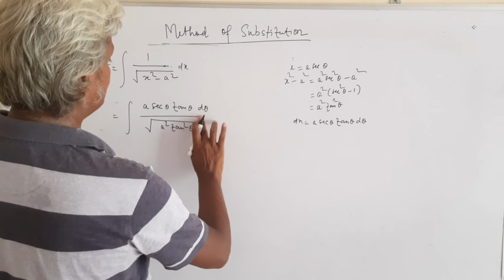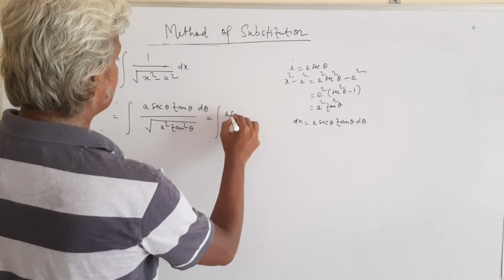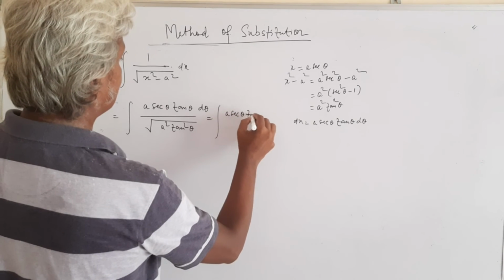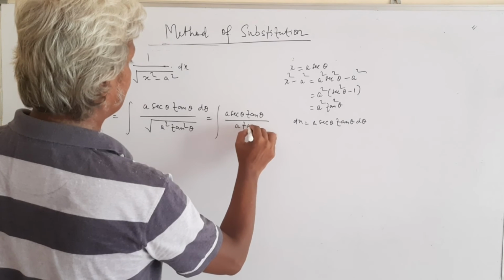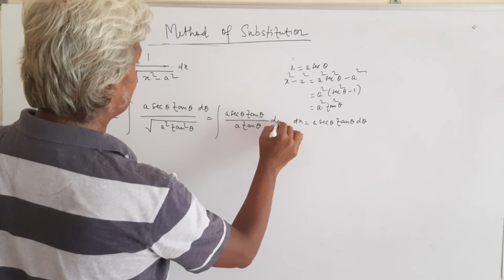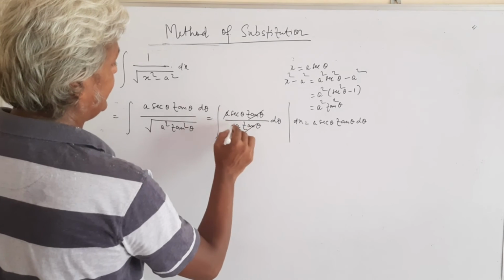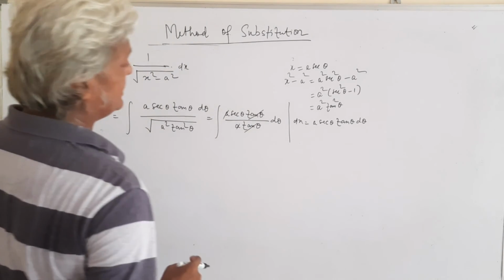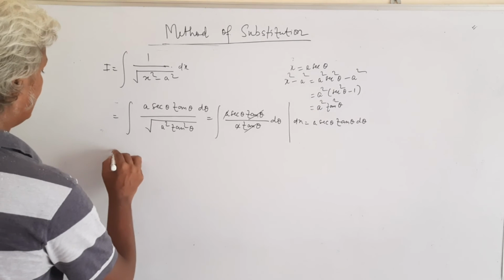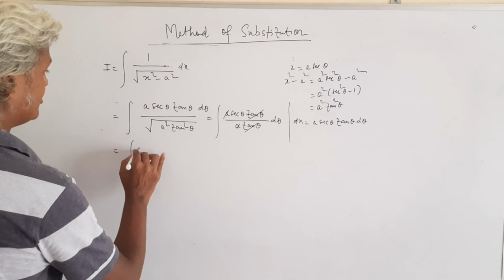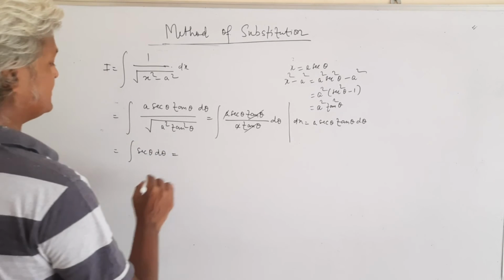This gives you a sec theta tan theta upon a tan theta d theta. Now a tan theta cancels. We have just the integration of sec theta d theta.